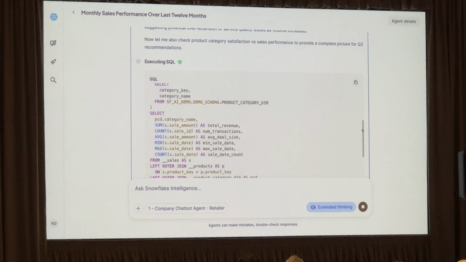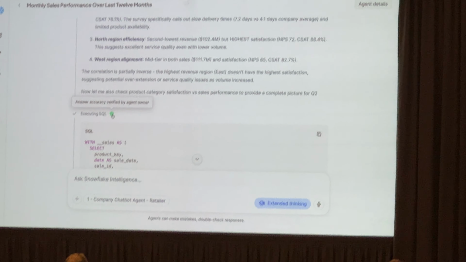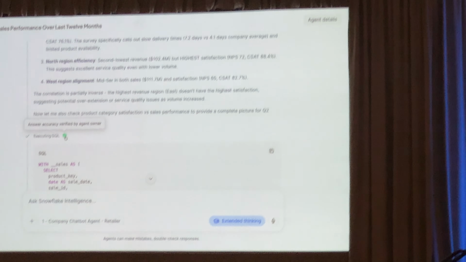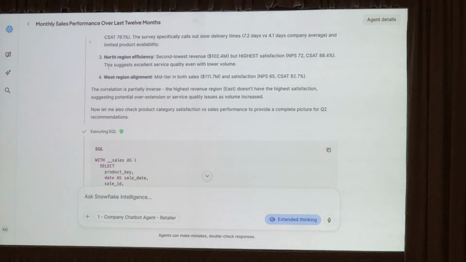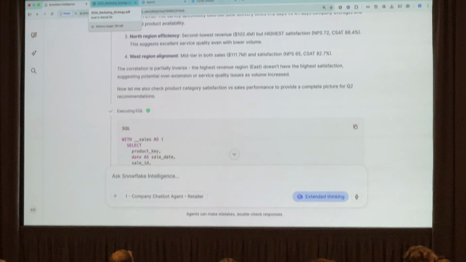We'll talk a little bit about the verified answers, but I think we'll just take a look here, because we see that trusted verified answer available to us right here, so we know that somebody behind the scenes has validated that it's real.